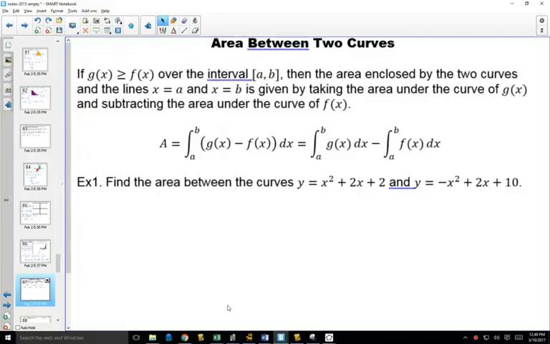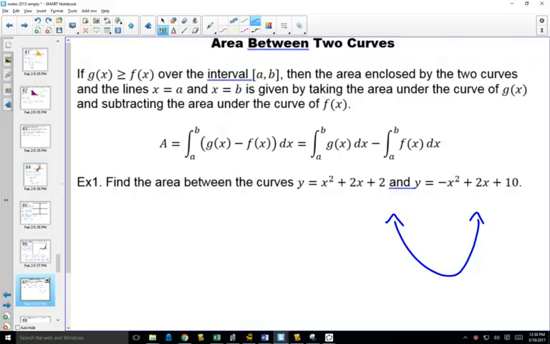Well, all we're going to do, and we'll use our first example and just sort of a rough picture of what's going on. Can you see y equals x squared plus 2x plus 2? That's going to be some parabola that's opening up. And this is a perfect graph of it because I haven't given any scale or any axes, so we can assume it's perfect.